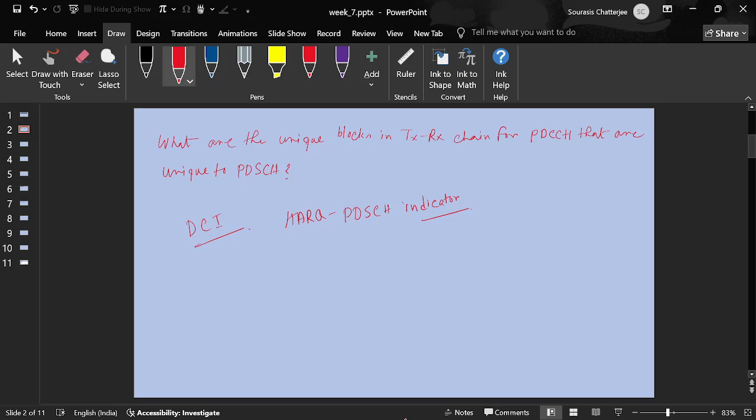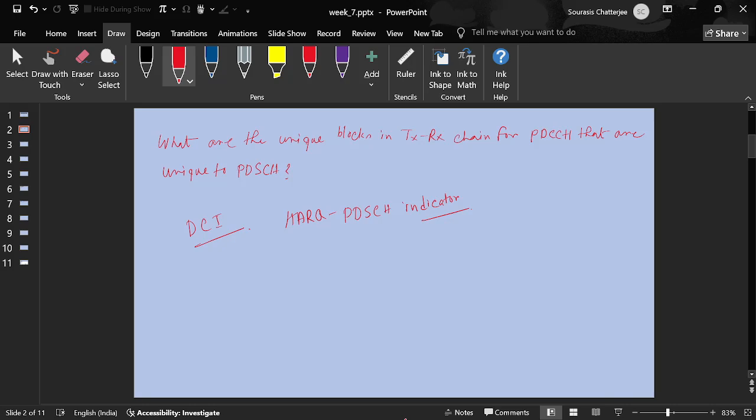This is of 3 bits if I am not wrong. So what does it indicate? It will indicate which PUCCH resource to use while sending the HARQ.